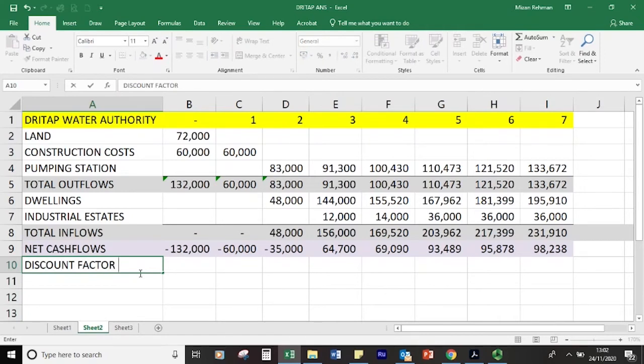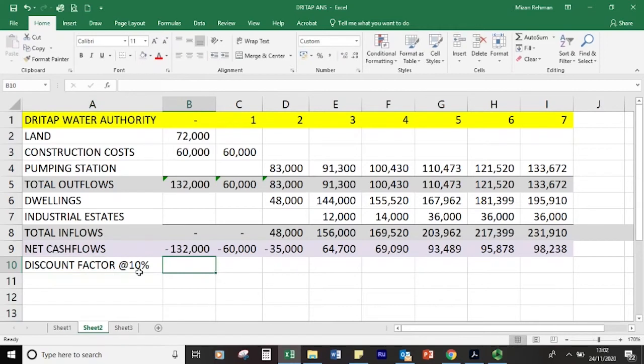And in this case, discount factor, first of all, we are taking at 10%. So at time 0, value of £1 is £1. No issue with that. And then you go to your present value table and put the values of £1 under 10% for respective years. So 0.909, 0.826.